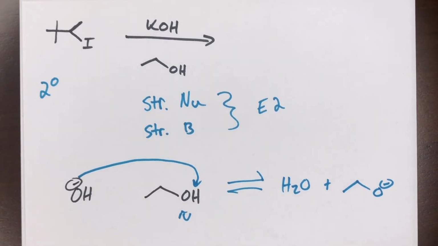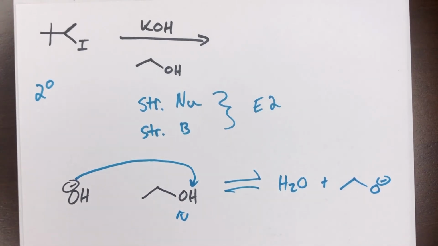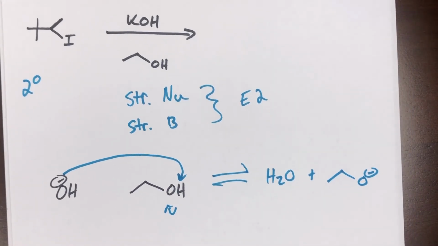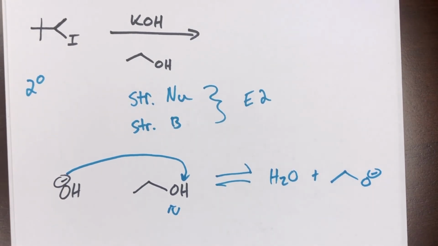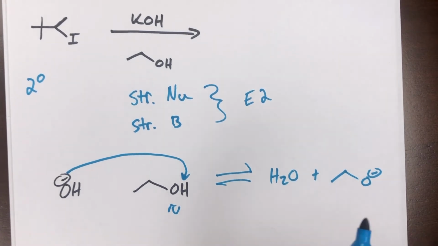Now the alkoxide and OH minus are about equivalent in terms of base strength. So either way, one of these will function as a base. It won't function as a nucleophile. So in this case, it doesn't really matter that much, but you should pay attention to it, because in some cases this equilibrium might not be so equal.